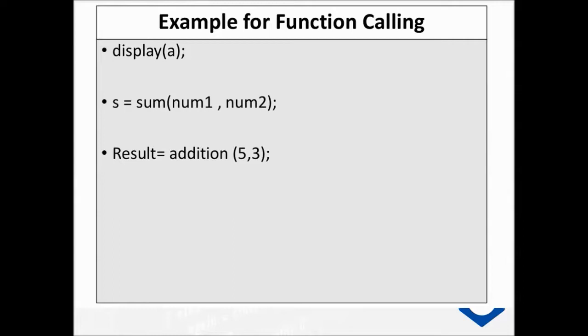Here s is the variable which stores the result of the function sum and its variables num1 and num2. Similarly, we also write a function call as result is equal to addition(5, 3). Instead of writing number 1, number 2, or a, b, c, d, we write direct values into the parameter list.